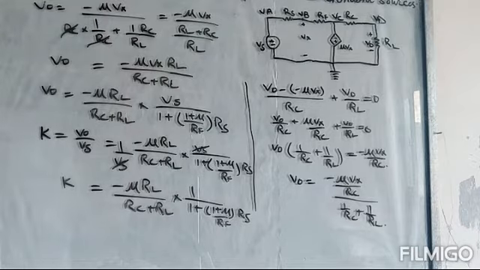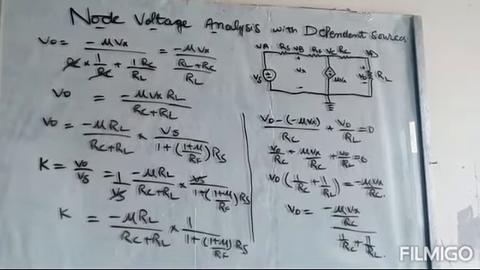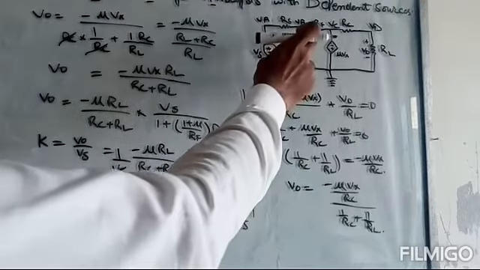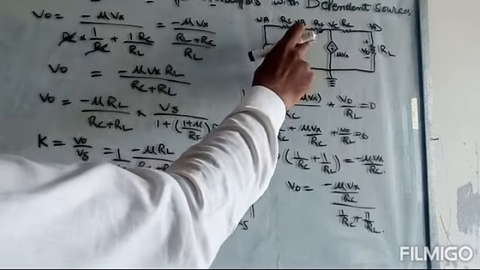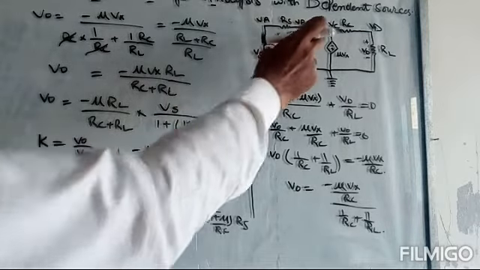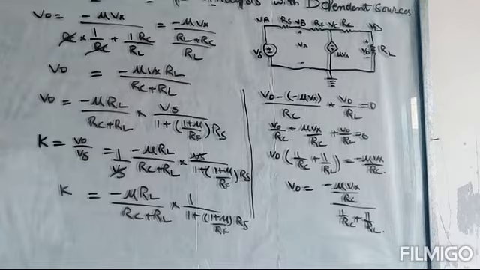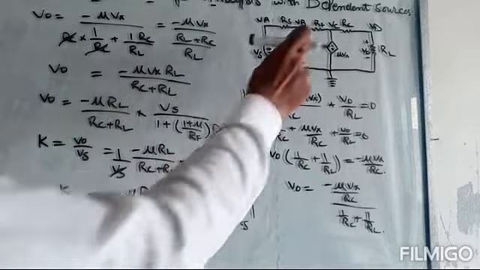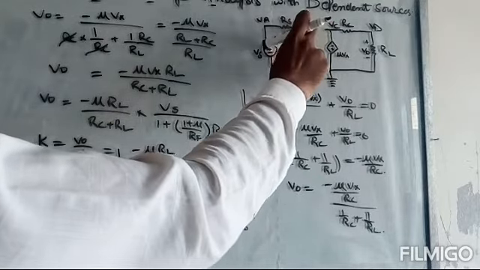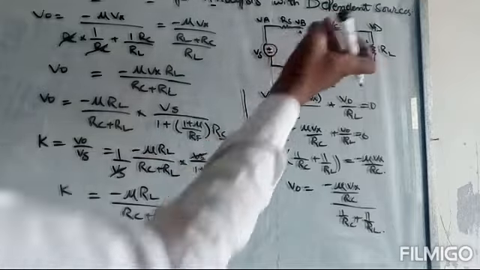But in the previous lecture we solved this same circuit, but there was not this RF. Because to solve this with node voltage analysis we added this resistance RF and we have done all the analysis, and the expression is this. If we convert this circuit back into the previous one that we solved, this will be an open circuit.